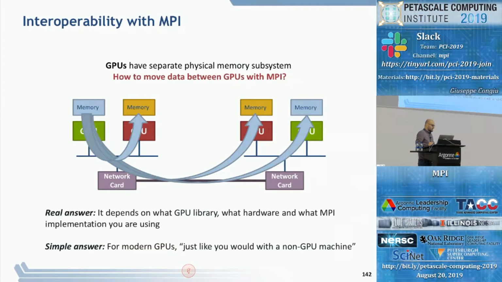The answer is it depends on the hardware that you have in your system, and whether the MPI implementation is able to support this hardware and is aware of GPUs and the GPU runtime library that you are dealing with. But in most cases nowadays, this happens in the same way that it would happen for moving data between host CPUs.